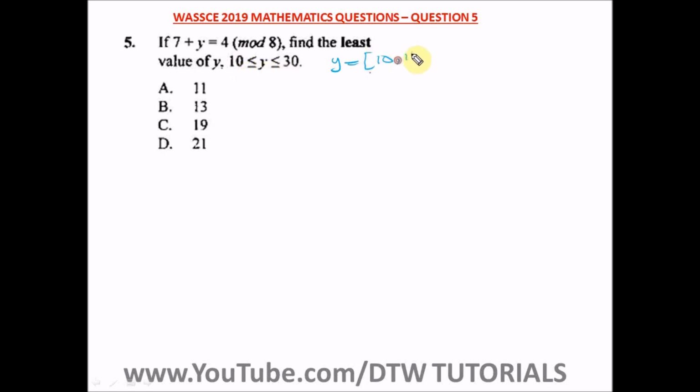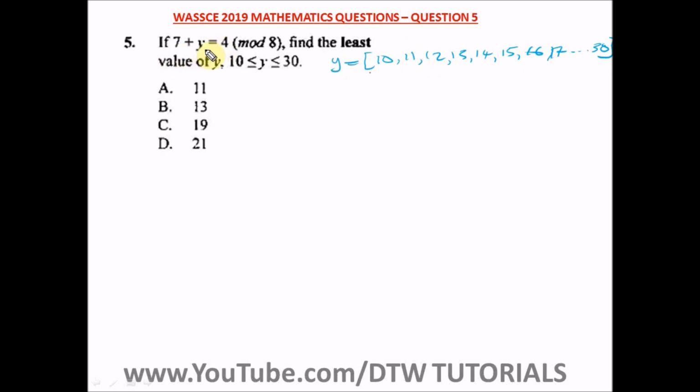It will start from 10, 11, 12, 13, 14, 15, 16, 17, right up to 30, because y is less than or equal to 30. So our possible values of y must fall in between this particular range.